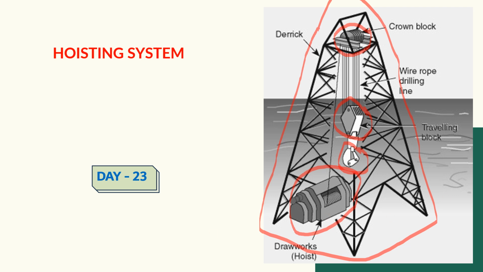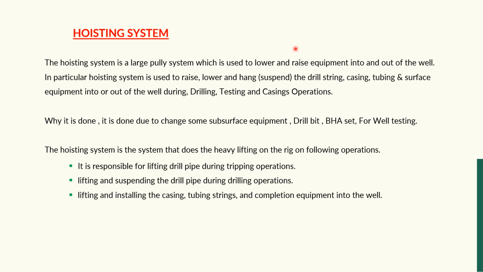So one by one we will see in a more elaborative way what the hoisting system is and how it is performed. First of all, I have tried to write a complete and very informative definition of the hoisting system.